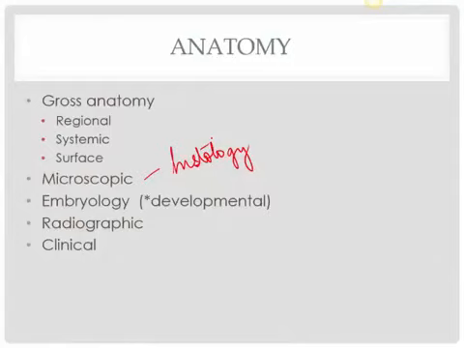Okay, we again don't do too much of it. Sometimes I will show you a few radiographs, especially when we are doing the skeletal system. I'll show you a young child and an adult, say for example the hand, where I show you how some of the bones are still not formed in a young child, but the bones are formed in an adult, and I'll show you the difference.